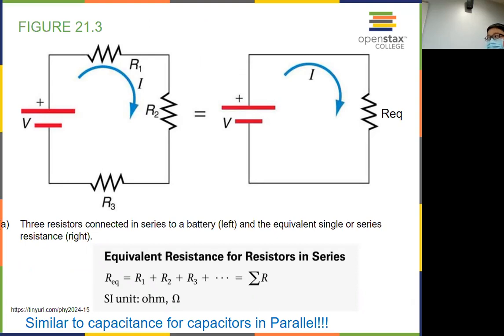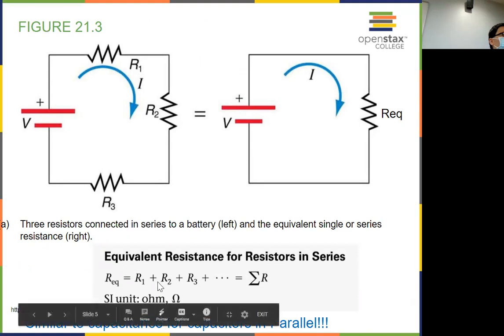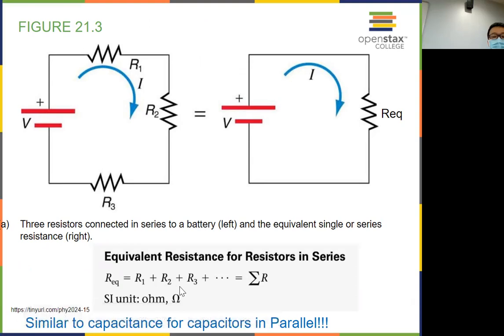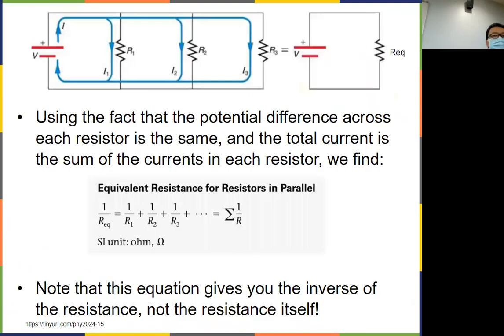The equivalent resistance is equal to the summation of the resistances of each resistor in series. If you have resistors in parallel, then the inverse of the equivalent resistance is equal to the summation of the inverses of the resistance of each resistor.